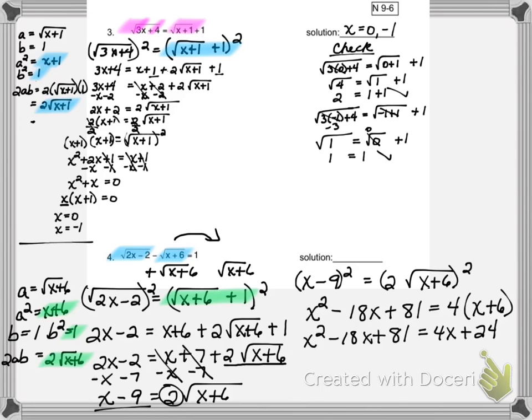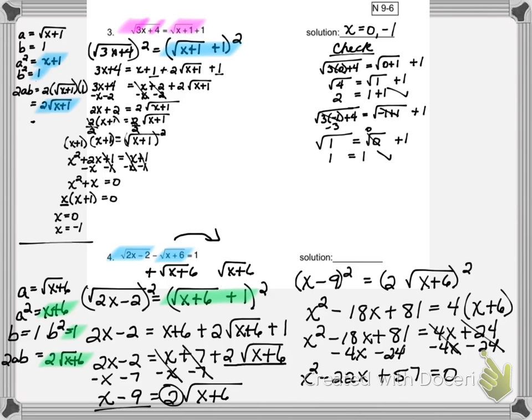Now we're going to set everything equal to 0 so we can try to factor. So we subtract 4x and subtract 24. Those add to be 0, and so we end up with 0 on the right side of the equation. On the left, we have x squared minus 22x plus 57 equals 0.